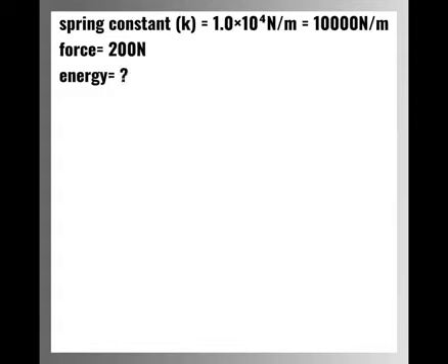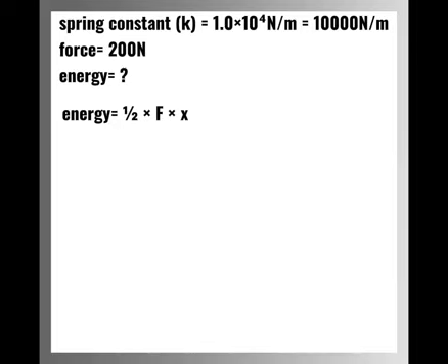Listing out our parameters, we have spring constant K is equal to 1.0 times 10 raised to the power of 4 Newton per meter, which when converted to standard form, we have 10,000 Newton per meter. Force equals 200 Newton. And we are asked to find energy. Recall that formula for energy is half times force times extension, but we weren't given extension.